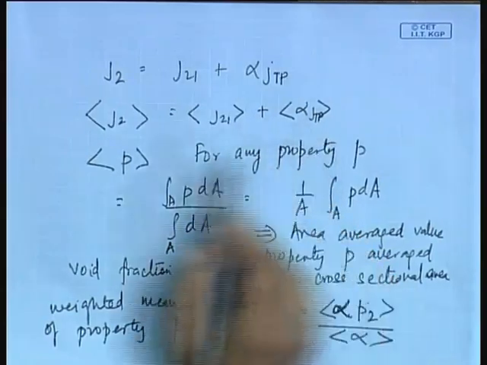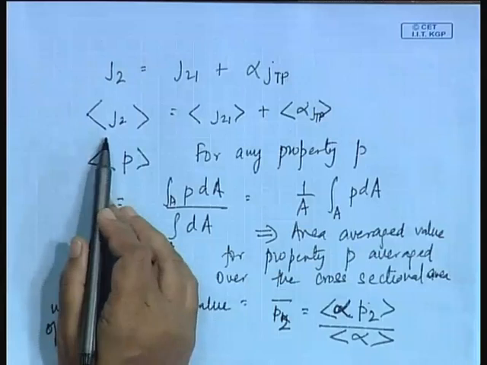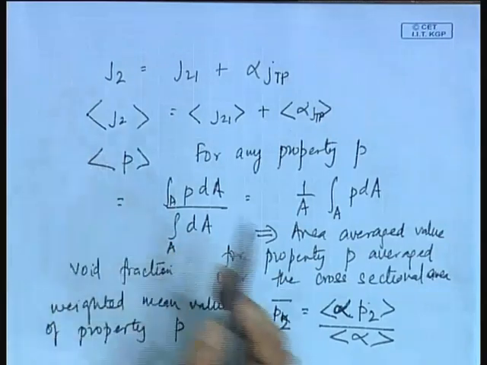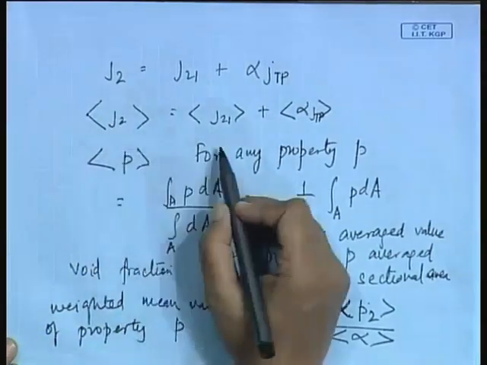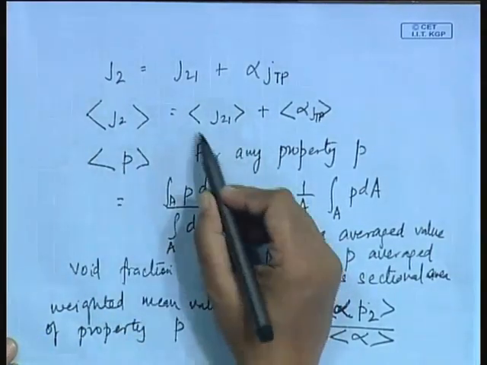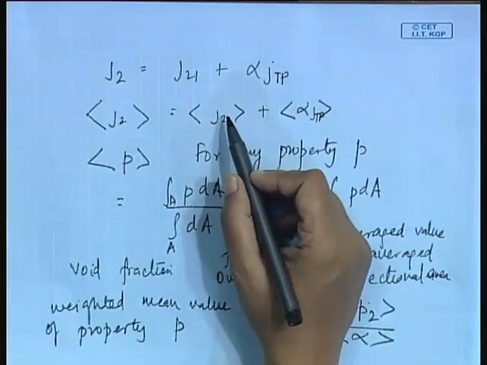Now, remember one thing, whenever we have to deal with this particular equation, finding out J2 is very easy. It is nothing but Q2 by A, as I have already written down here. This J2 is nothing but Q2 by A. J21 can be found out as it is just the average drift flux averaged over the entire area.